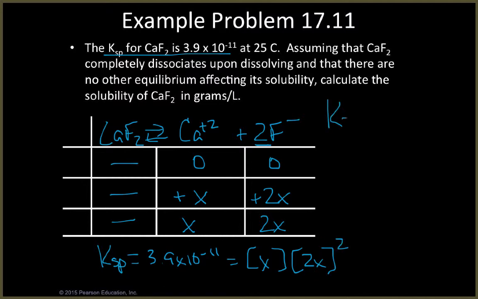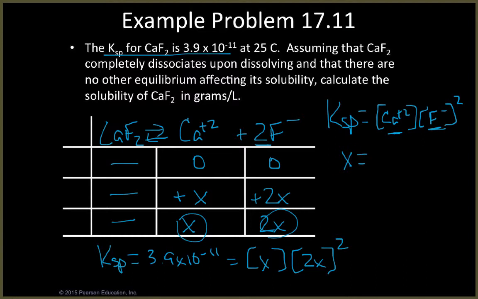So up here, if I set up my KSP, just so you can see where that comes from, calcium 2+ times F- to the second, and what I'm doing there is substituting the x in for calcium and the 2x for the F-. So that's where all that comes from. So now I'm going to solve for x. So x equals 2.1 times 10 to the negative 4th molar.